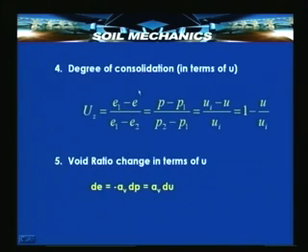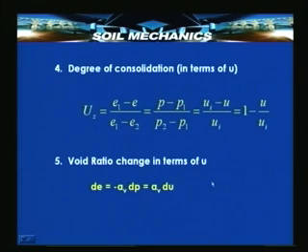So, the degree of consolidation can be rewritten as (e1 minus e) upon (e1 minus e2) equal to (p minus p1) by (p2 minus p1), equal to the initial hydrostatic pressure minus the excess hydrostatic pressure at any time t, divided by the excess hydrostatic pressure that was existing in the beginning, that is nothing but 1 minus u upon ui.